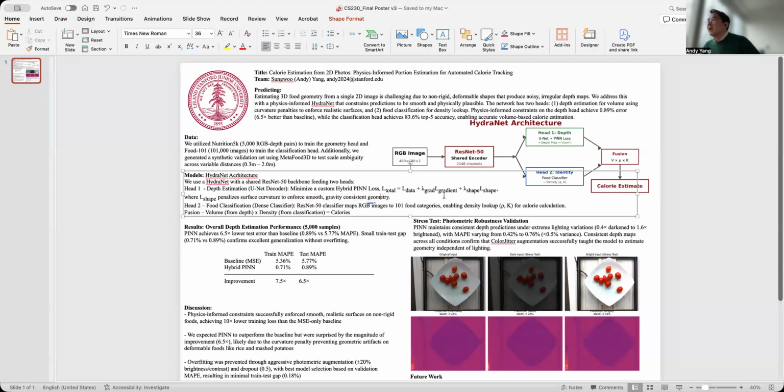So that's the major focus in the project, and the result in the depth estimation is here.